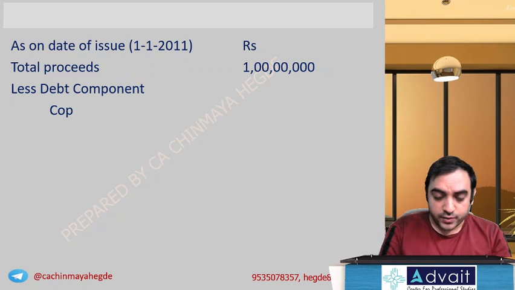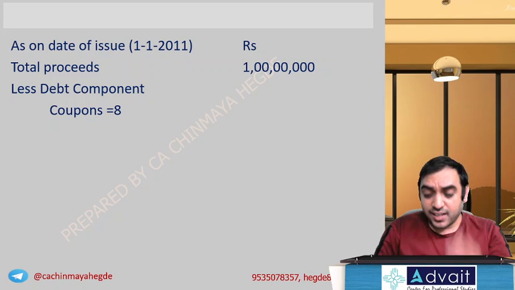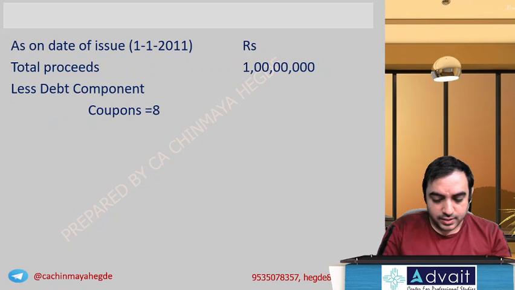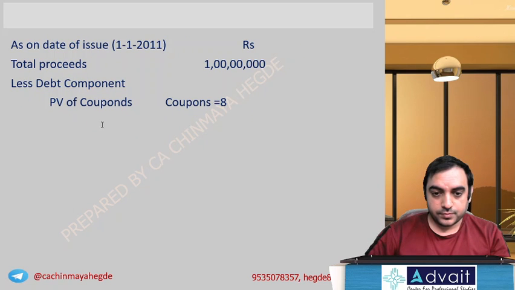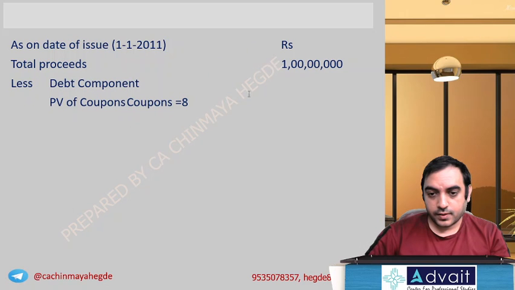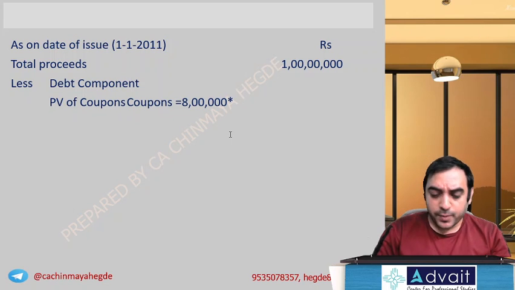Present value of coupons, because every year it is 8 lakh, 8 lakh, 8 lakh. Since every year is 8 lakh, you can simply multiply it by the annuity factor. Eight lakh every year, because 1 crore into 8%, multiplied by the annuity factor.